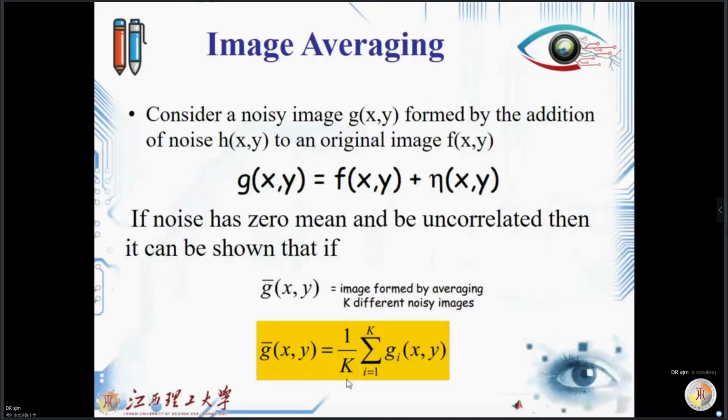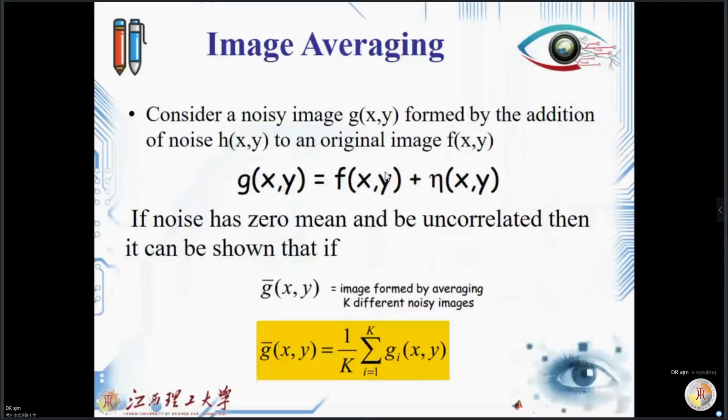Then I can have the summation of all these small noises added to my pixel. Suppose I have one noisy image. It means that my original pixel is added with some part of noise as eta of x and y. Then if I have the summation of all these small pixels with noise, I have one fully noisy image.